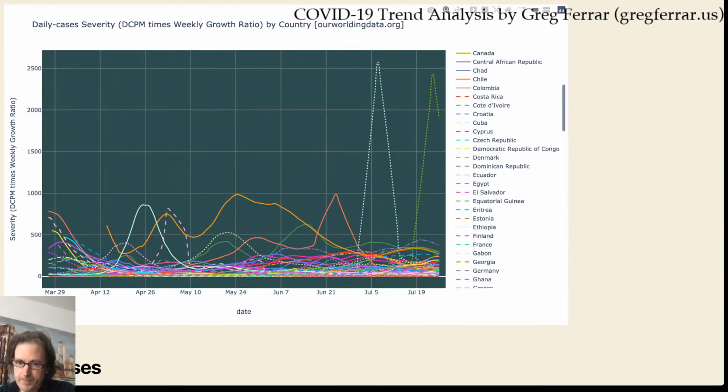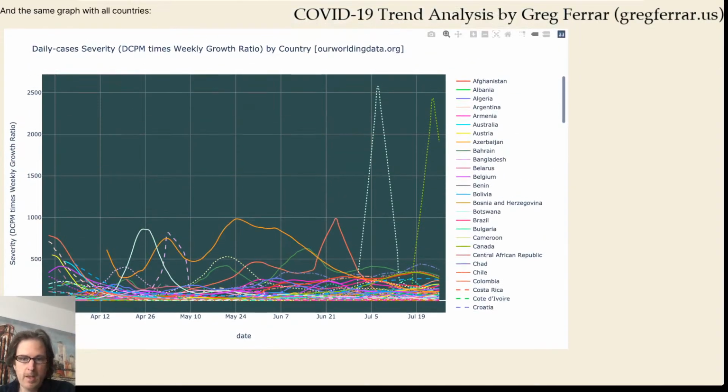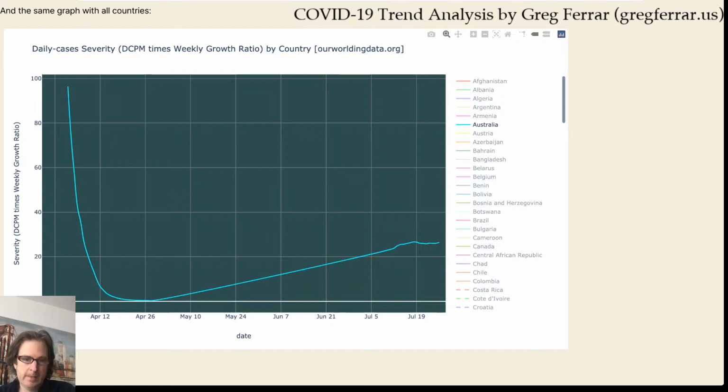What is Australia, given that many countries are over 100, and those are the ones that I think are really problematic? Australia is at 20. So, not yet time to worry about Australia. They might be the next wave. They certainly should take action to make sure that they don't have a new wave of it, but actually they may already have done that, because we see this has risen a bit.